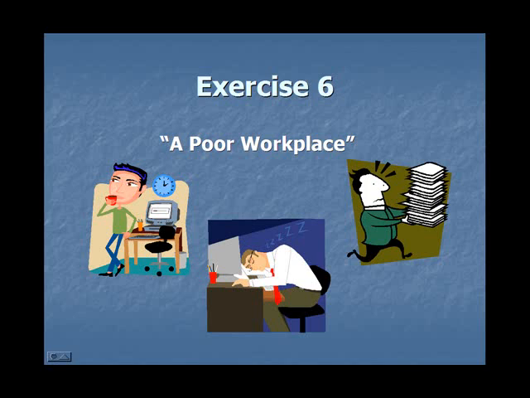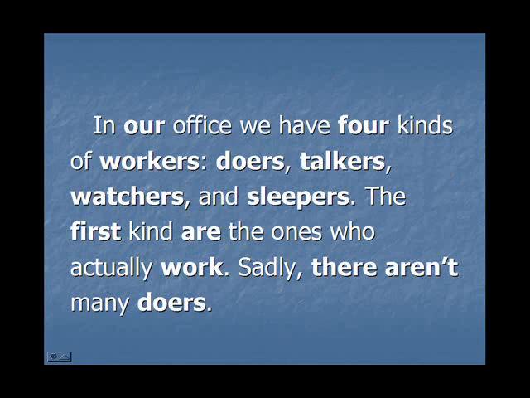Exercise 6. A poor workplace. Listen to the text. In our office, we have 4 kinds of workers: doers, talkers, watchers, and sleepers. The first kind are the ones who actually work. Sadly, there aren't many doers.